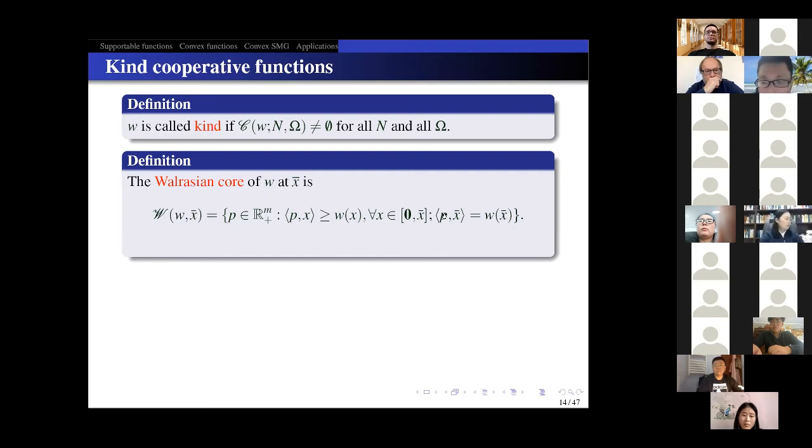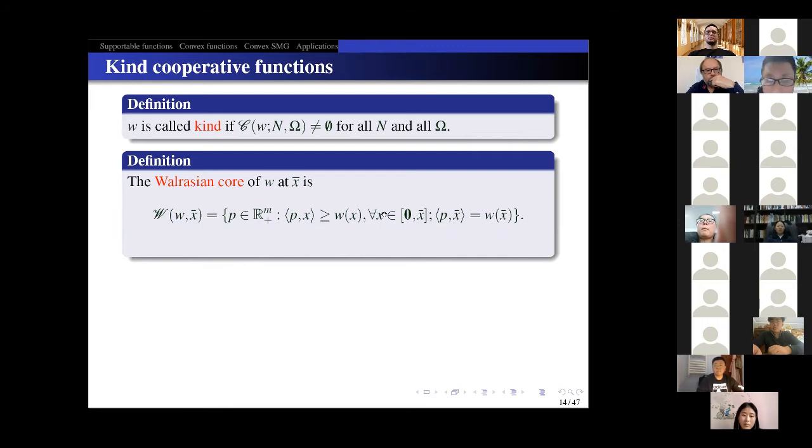First, we assume that the inner product between P and x bar equals W(x bar). That is, all the profits should be allocated if we use this shadow price, and this corresponds to the core condition that the total profit is allocated to all players.